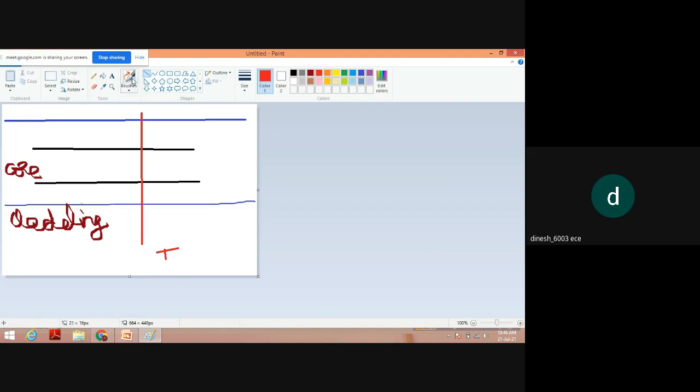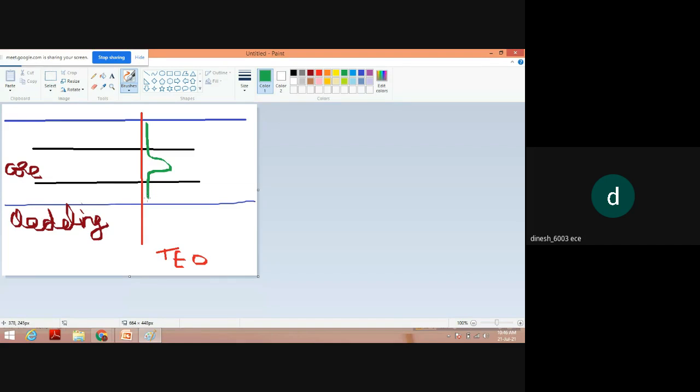Now I choose TE0. If I choose TE0, what will happen? I'll have 0 crossings, so I'll draw like this. The green color indicates the field pattern.